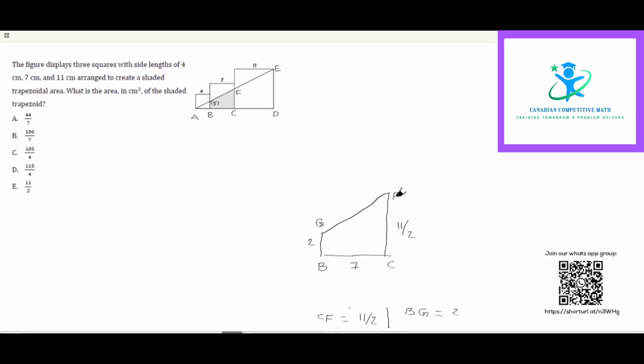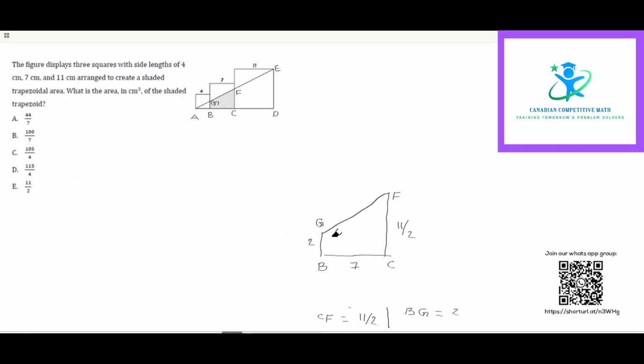Now we have established the sides of this trapezoid, so we need to calculate what this area is. There are different ways of calculating it. We can directly use the formula for trapezoid area, but since we are competitive math people, we don't try to memorize formulas by heart; we try to understand how they are derived and use logical thinking.